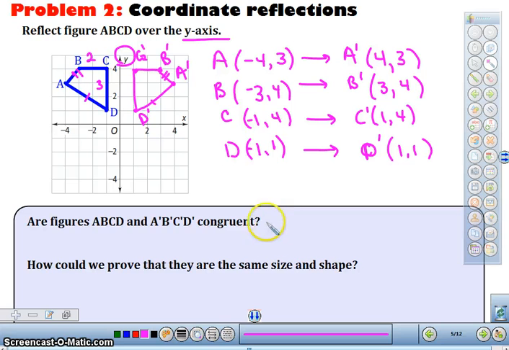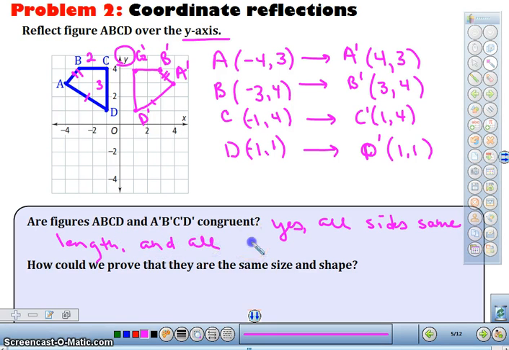So it says, are the figures congruent? Yes. Why? When we're looking at this, all the sides are the same length. And the other thing that happens, if we remember from congruence, is all the angles are the same measure. And it says, how could we prove this?